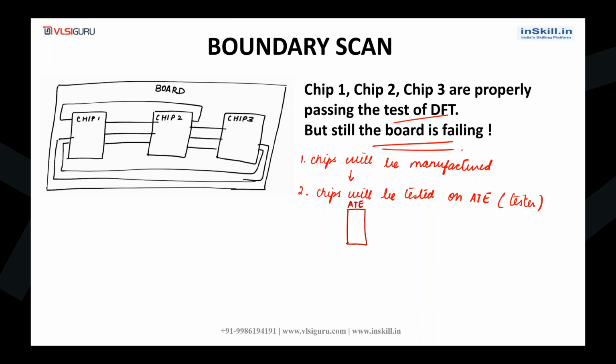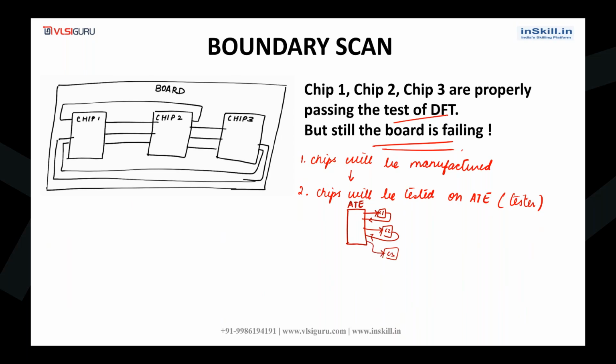Chip 1, chip 2, chip 3 will be tested on the ATE like this. This is chip 1. The input of the chip will be coming from the ATE, and the output of the chip will be going back again to the ATE. In the same way, this is chip 2 and this is chip 3.